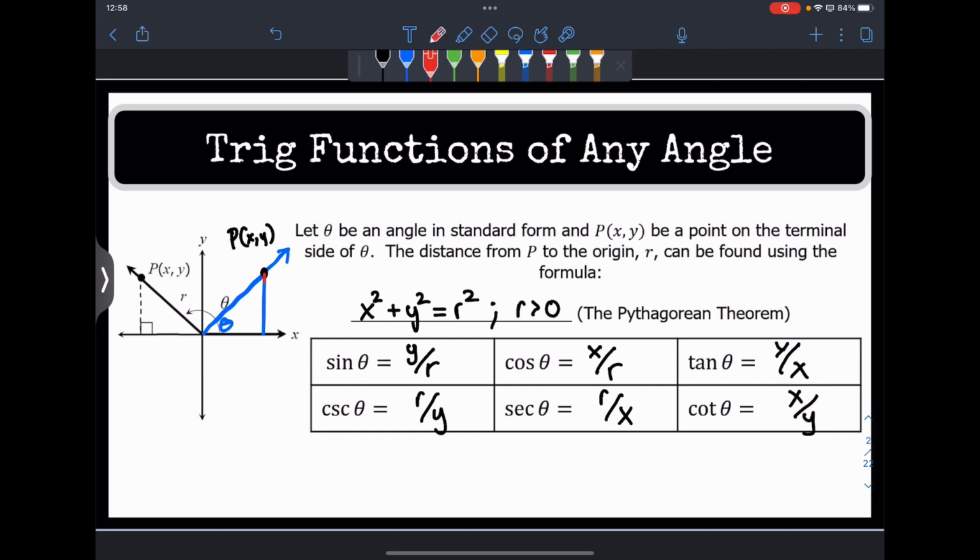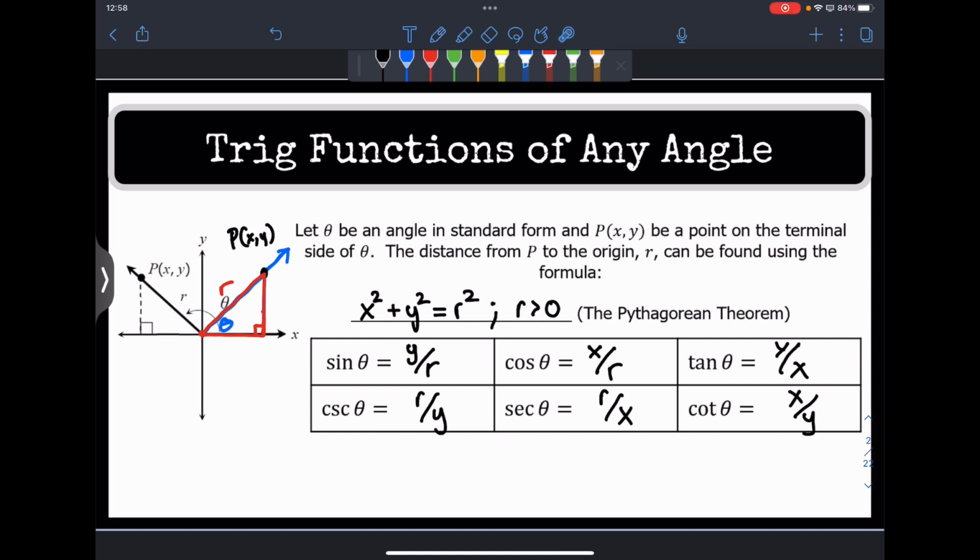If I draw a vertical line downwards and from the origin draw a horizontal line, I have a 90-degree angle here. And this side here is the distance called r.